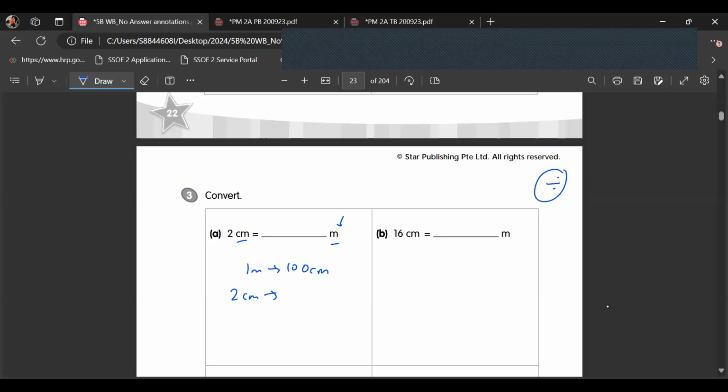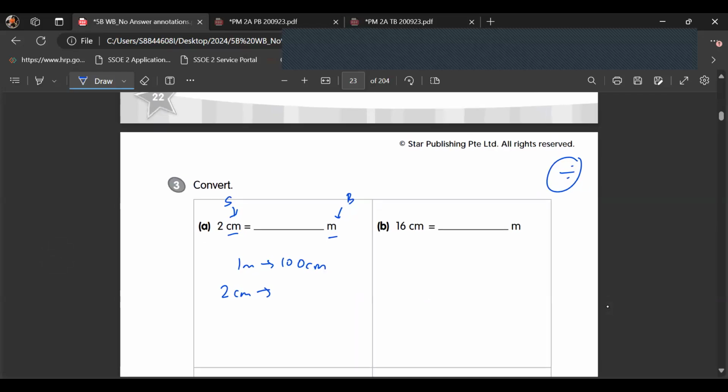So you need to know, depending on how confident you feel of yourself, one thing that may help you is for you to take note of which side is the bigger unit. So if I'm given the bigger unit on the left, then I know I'll be multiplying. But if I'm starting off with a smaller unit, then I know I'll be dividing.